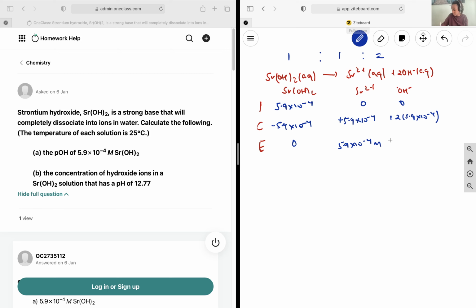And this is going to be left with 1.18 by 10 to the negative 7. Sorry, negative 3. And then let me just ensure that that is correct.